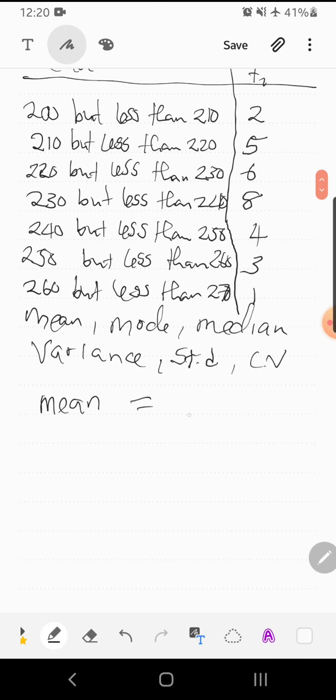And actually we are given that this is the time that it takes for 29 people to exercise. So the mean time is just given by the summation. Remember, this is grouped data, so we need to use the midpoint.